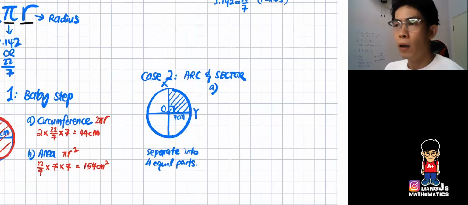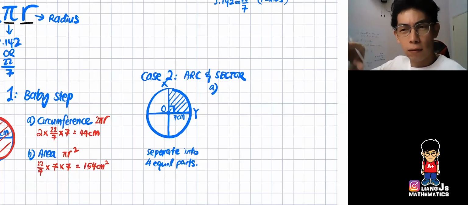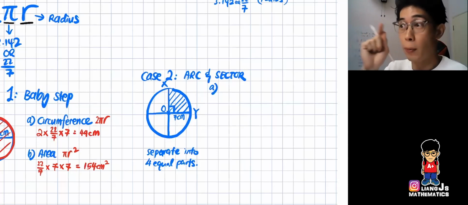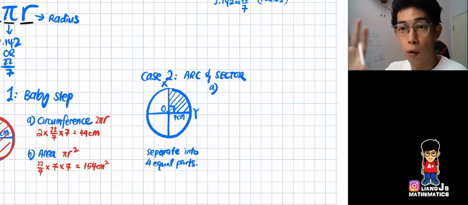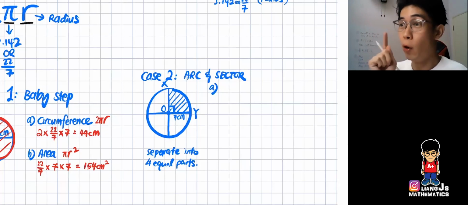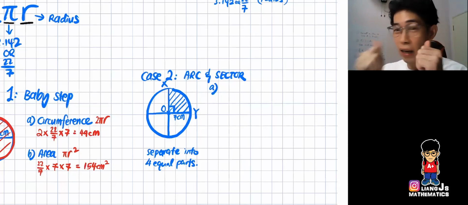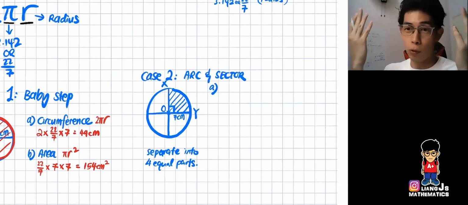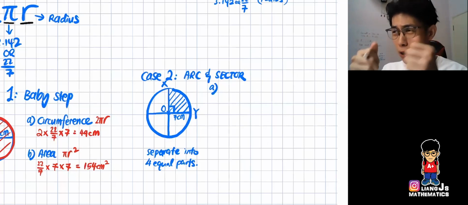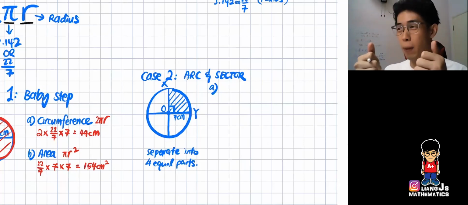Now, question A. You notice that I go kind of fast. The reason being, the SPM question is our main thing. So I do a quick go through on everything, then we can spam our SPM questions. When you play a game like PUBG, do you read how to play first?